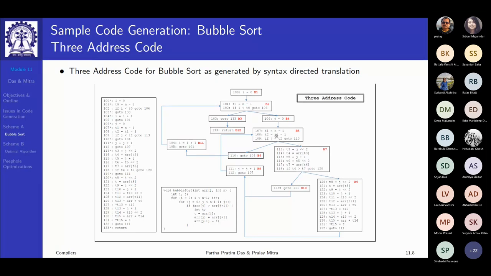You can see some of the blocks are big, and some of the optimizations I've already applied, like multiplying by 4 realized by left shift and so on. So these are basic 3 address code and the CFG you have. So this is your input to the code generator.